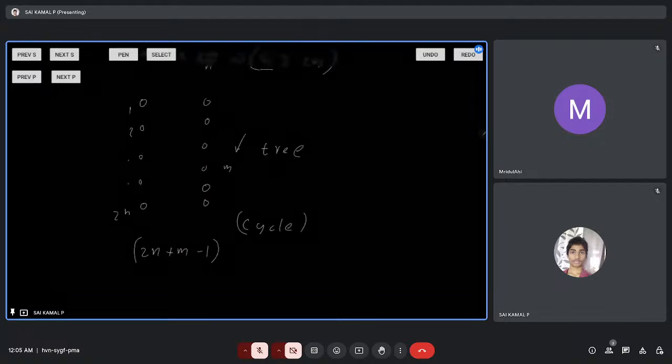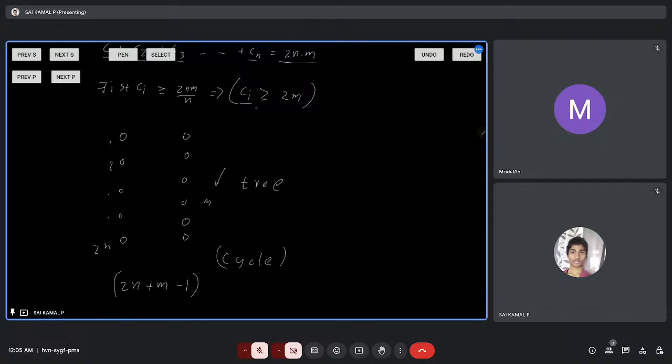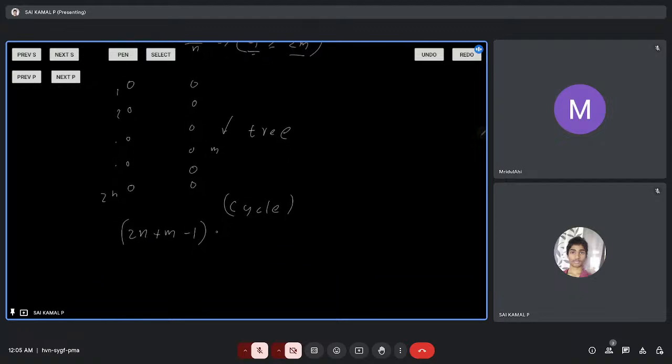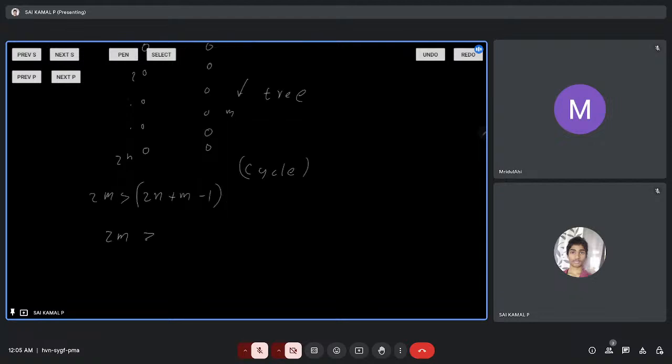Now, if a color Ci is used more than 2m number of times, and 2m happens to be greater than or equal to 2n plus m minus 1, or 2m is greater than 2n plus m, then we can be sure that there will always be a cycle, because there are more edges than required to form a tree in this whole graph. So there will directly be a cycle.